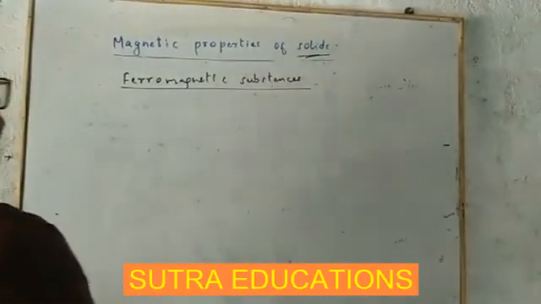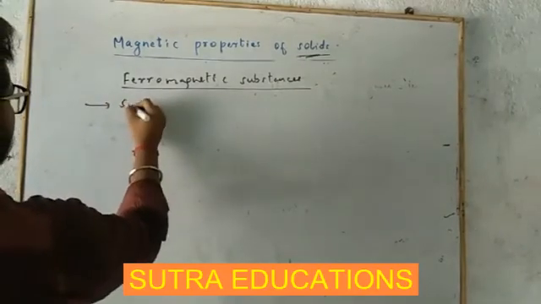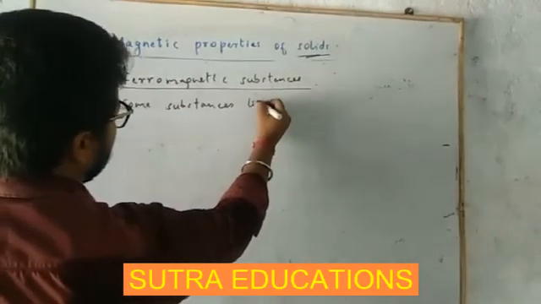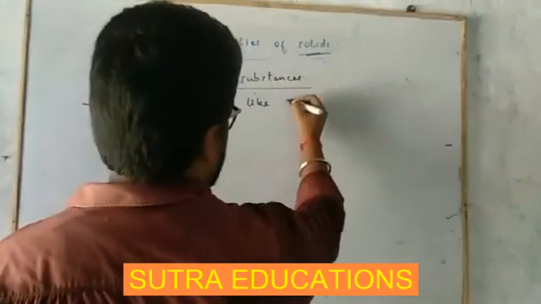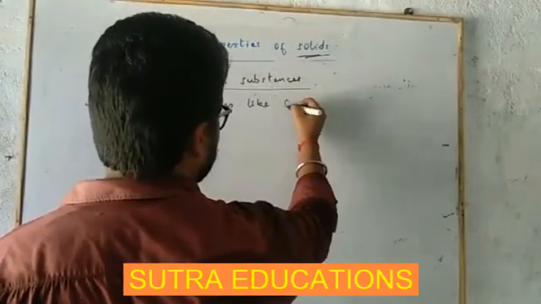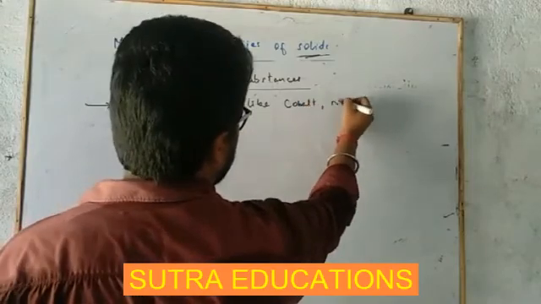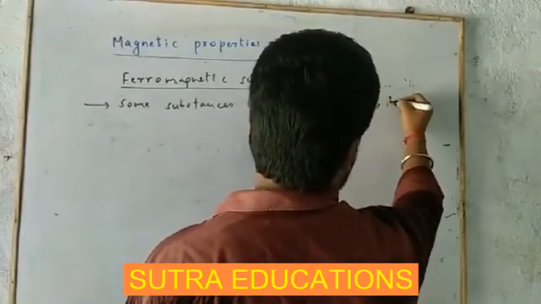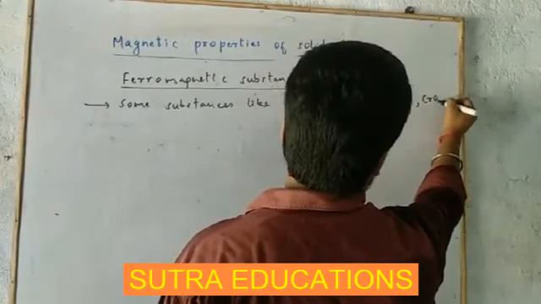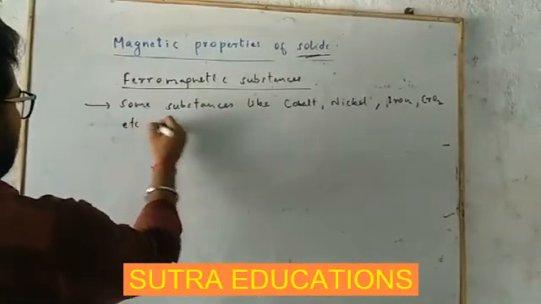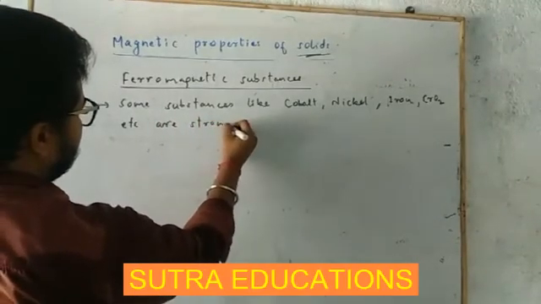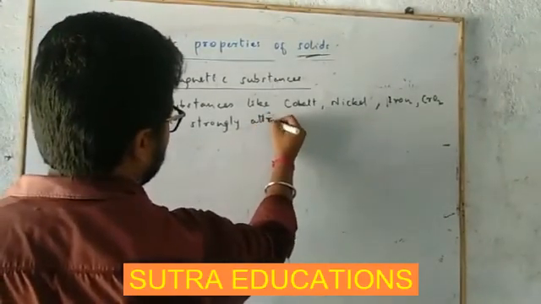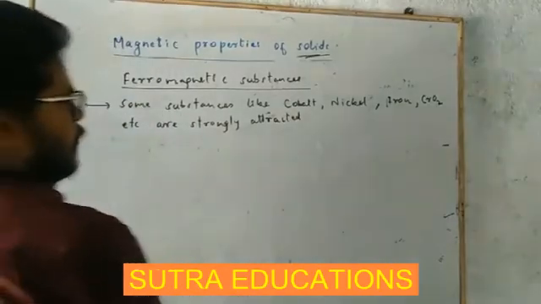Okay, so right here some substances like cobalt, nickel, iron, CrO2, etc. are strongly attracted by magnetic field.